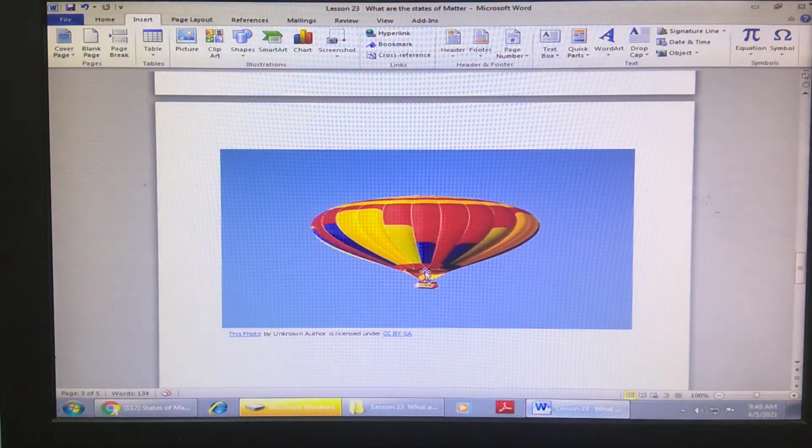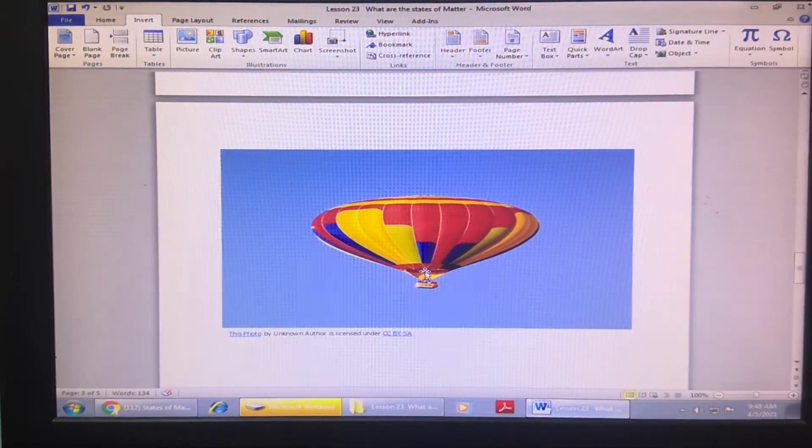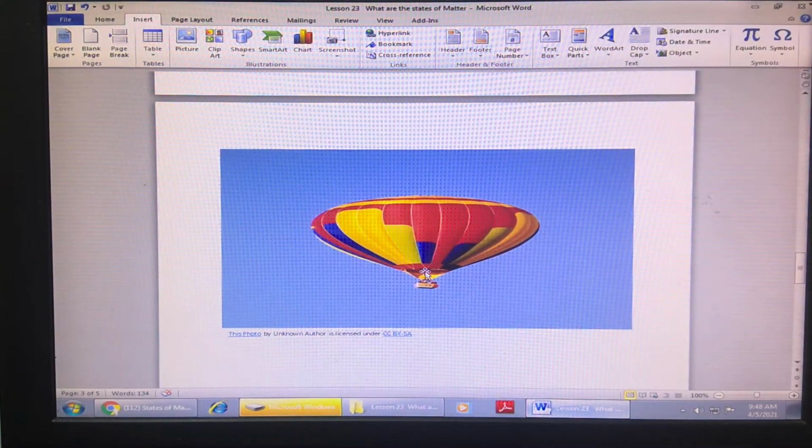Well, it has to do with the gas that is inside the balloon, trapped in there. It is a gas called helium, which is lighter than air. That gas helps that balloon, with all that gas inside it, to pick up the heavy container which holds the people under it. It's very heavy. You need a lot of force, a lot of gas to make it rise off the ground. So we can see gas there.